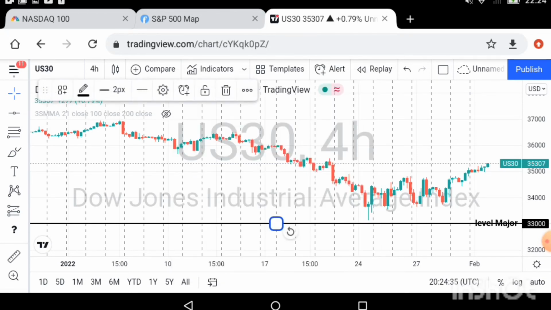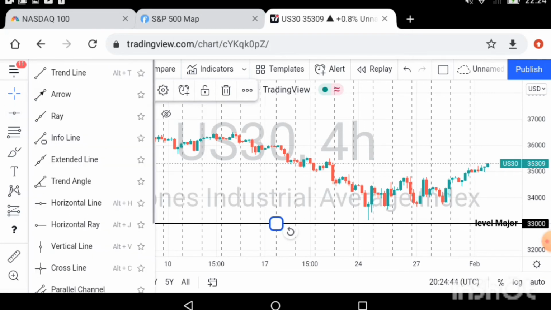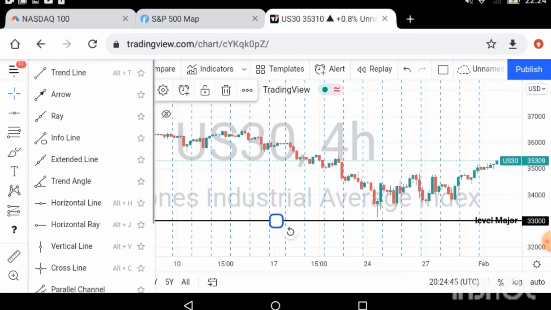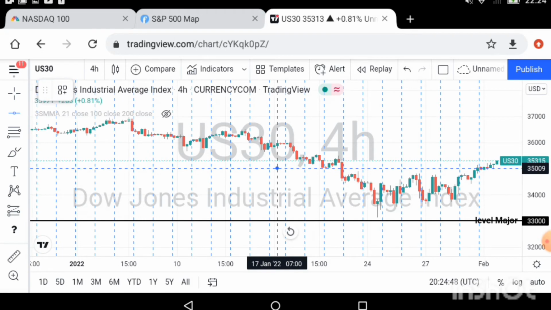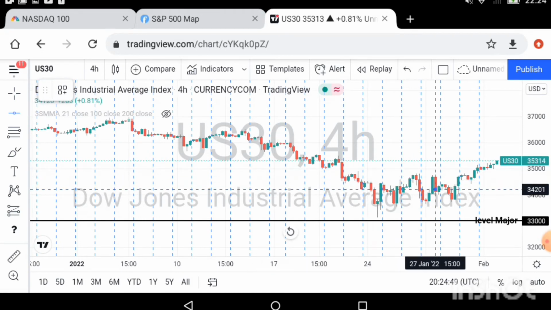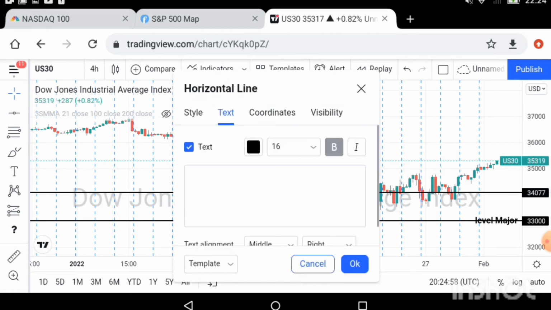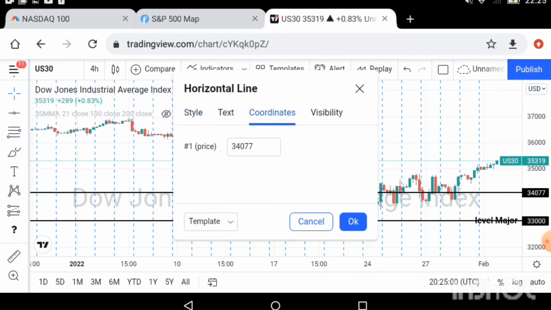Then we're going to calculate 1,000 pips from here, from 33,000 to the next level. I think this will be my next major level, if I'm correct. Correct me if I'm wrong. I'm just going to calculate. It's going to be 34,000, right?